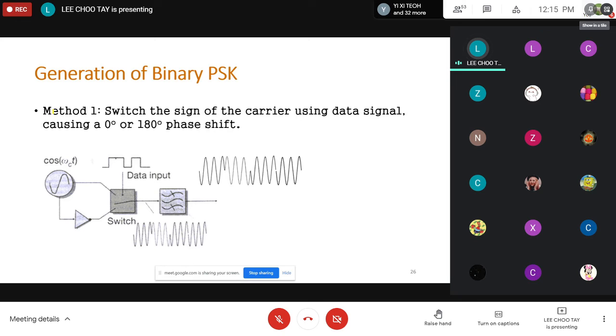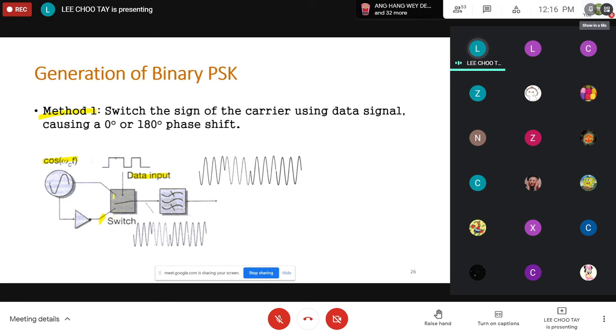With that, the first method to generate a PSK signal is by switching the sign of the carrier using the data input. We have a carrier here, and also another version of the carrier which has a 180 degree phase shift. Or basically, we invert this cosine and we get minus cosine. Then the binary information here, we use as a data input that switches between these two waveforms, either cosine or minus cosine.